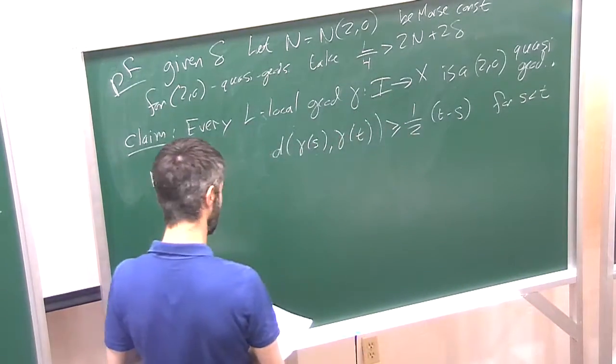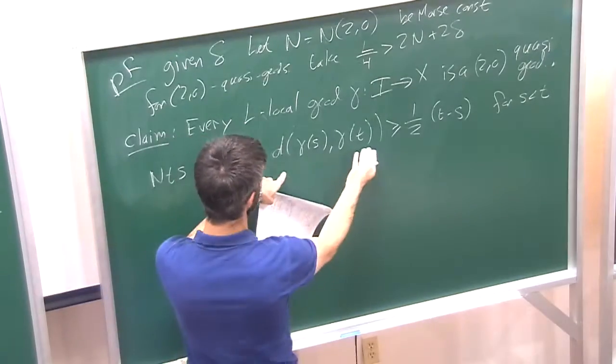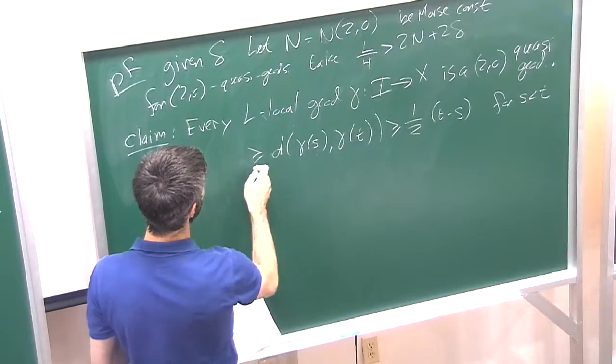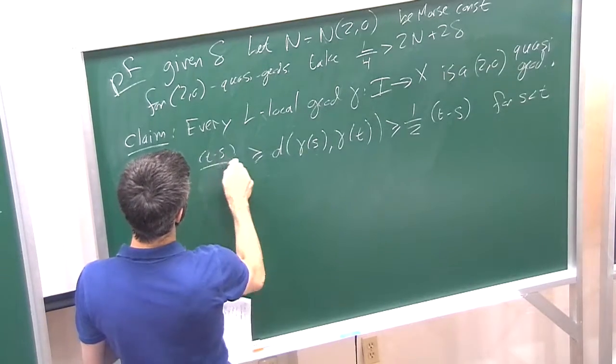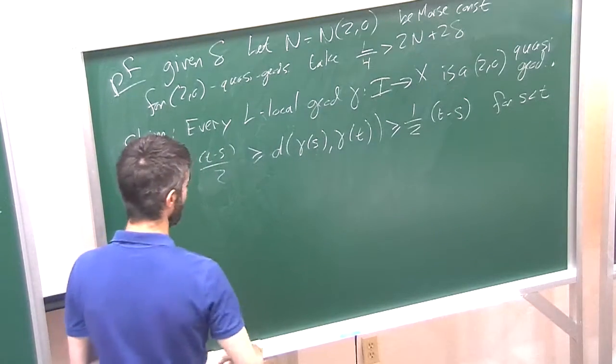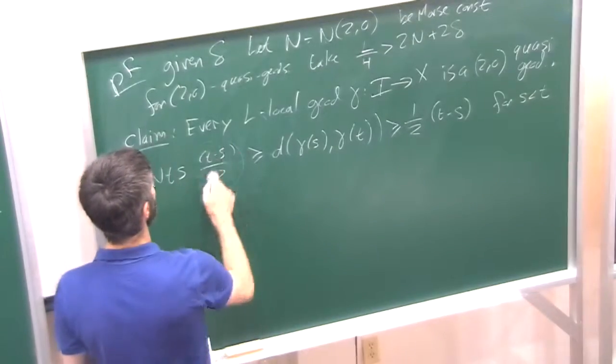I want to show it's bounded below by that, and I also need to show it's bounded above by 2, but this is immediate.